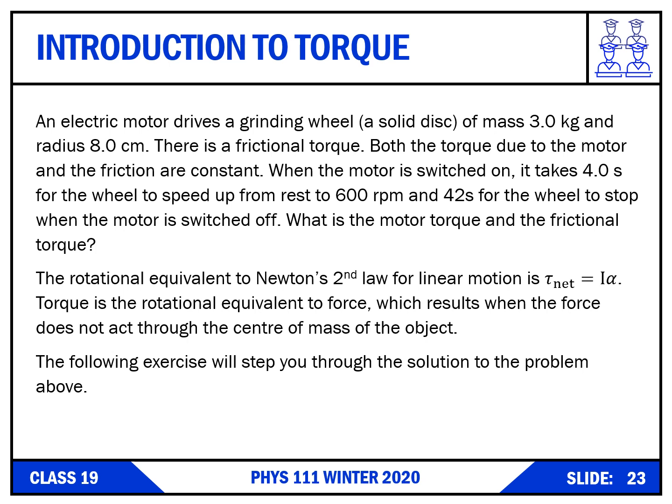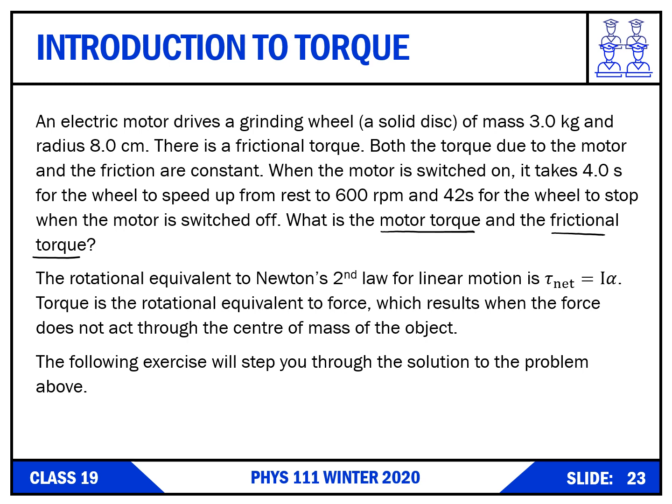So when we're trying to find the total amount of torque acting on a system, we have to consider both types of torque. When the motor is switched on, it takes 4 seconds for the wheel to speed up from rest to 600 RPM, and 42 seconds for the wheel to stop when the motor is switched off. We're trying to find the individual values for motor torque and the frictional torque.